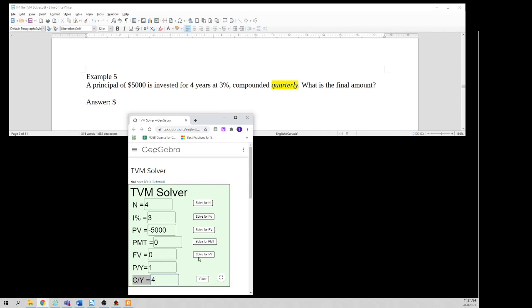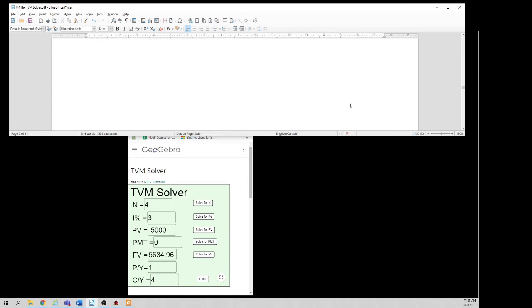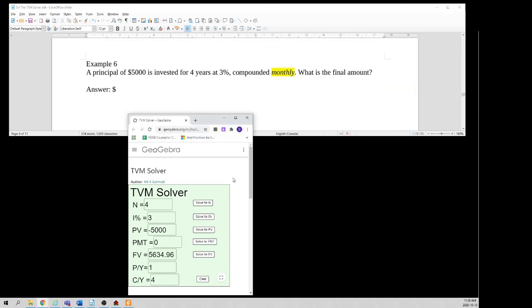So we're solving for future value, and we get an even higher amount than we did before. Example 6. Okay, same question. What if we change it to monthly? So all I have to do is change this one number to 12. Recalculate the future value. You're going to notice it goes up a little bit.